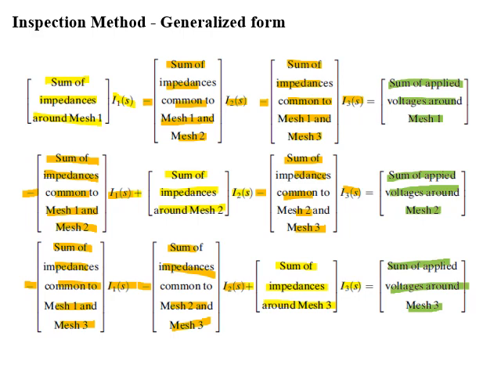And this will be equal to the sum of applied voltages or any voltage source present at mesh 3. This will be our generalized form, and with this we'll find the equations of any system.